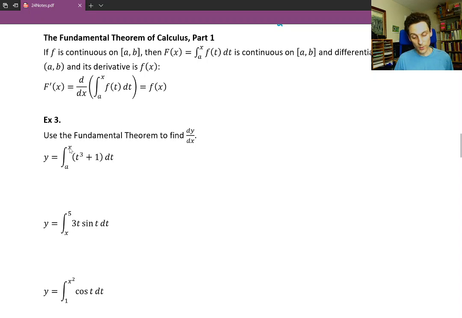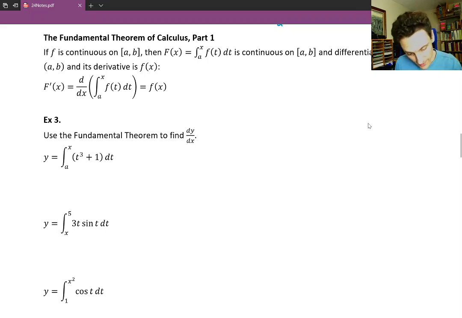And at the end, we would be plugging in t equals x, then put a minus and plug in t equals a if we were to use the Fundamental Theorem of Calculus Part 2. And so eventually this would be some function of x. And so then our goal here is to use the Fundamental Theorem of Calculus Part 1 to find dy dx, in other words, the rate at which this is changing with respect to x.